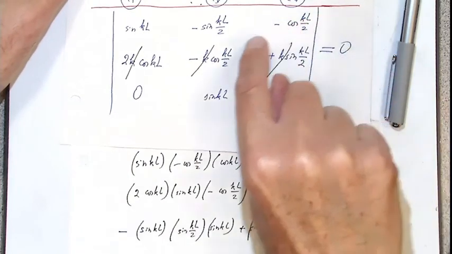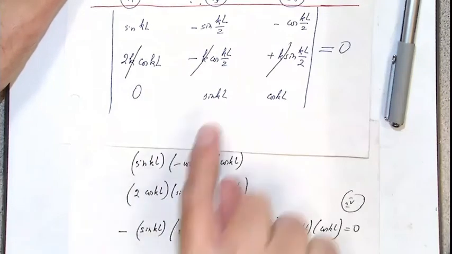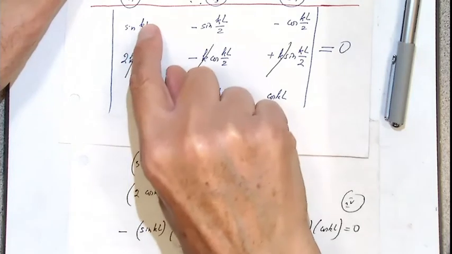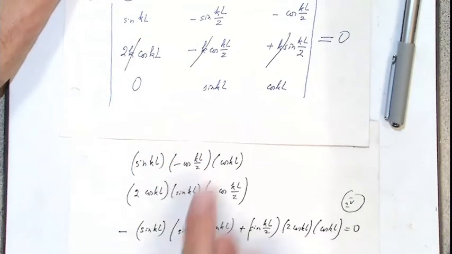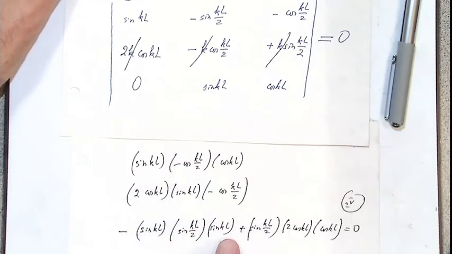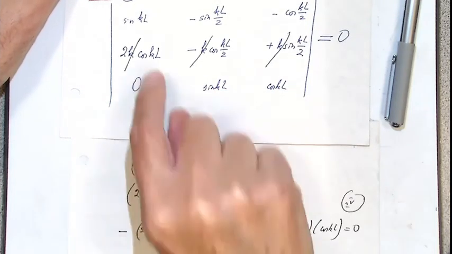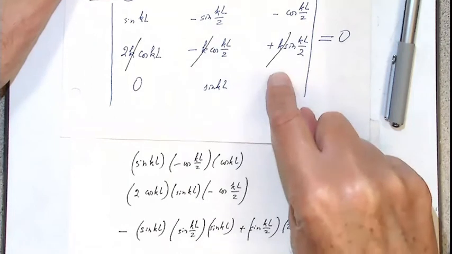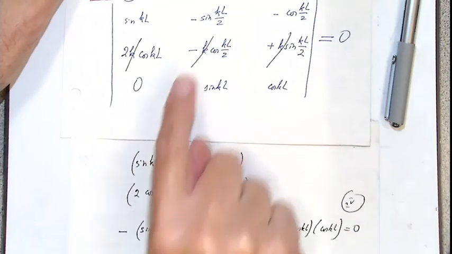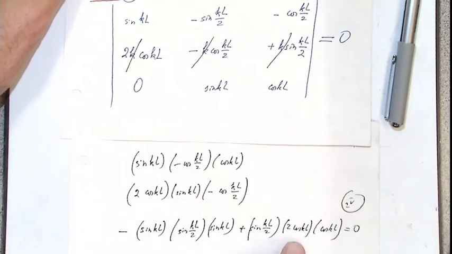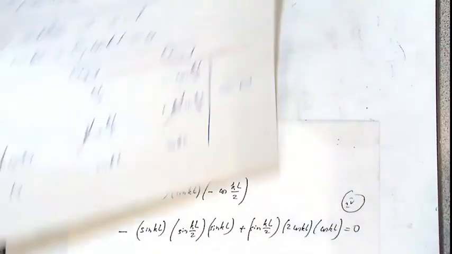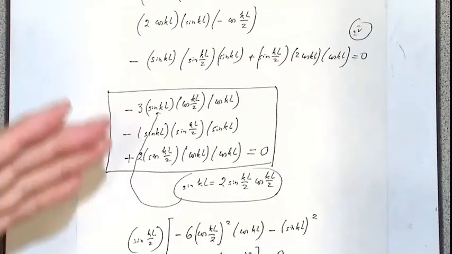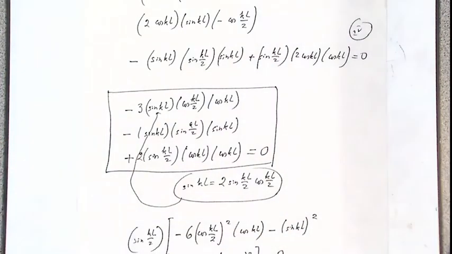Then these terms, product of this is 0. And this times this times this, minus sine kL, sine kL over 2. Then this times this with minus will be plus sine kL over 2 cosine kL. Then we need to know algebra, of course, otherwise we will make a mistake.